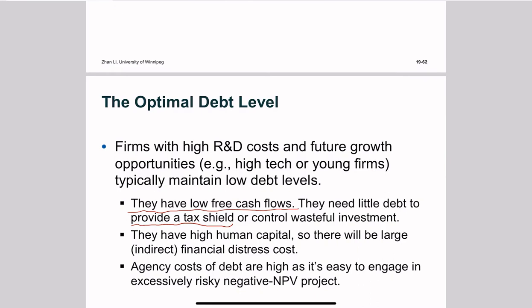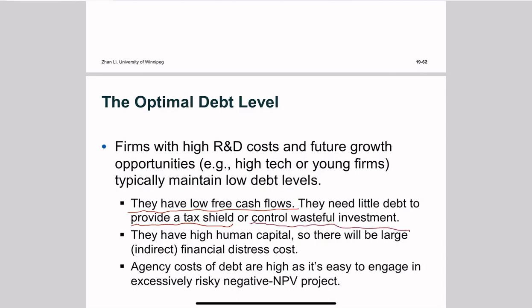We know that you will benefit from an interest tax shield only if you have taxable income. However, if the firm has low free cash flows, then its taxable earnings will be very small. So using debt will not generate a tax shield.